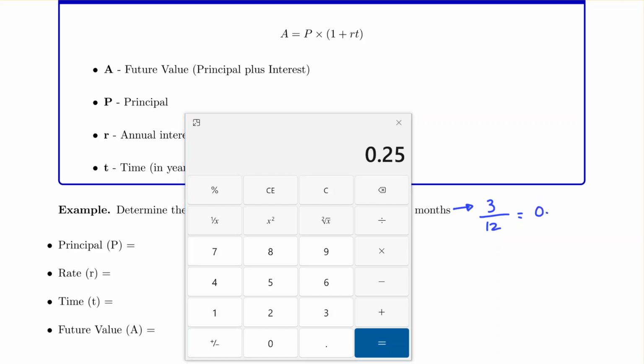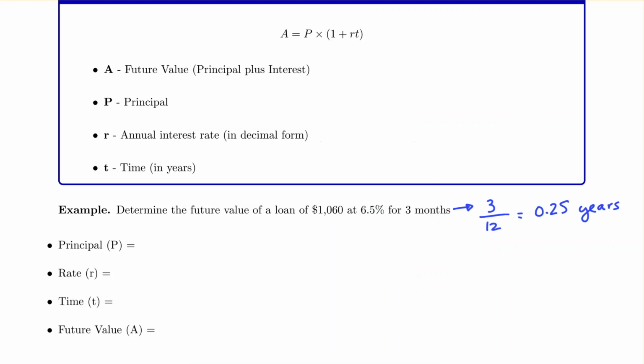So that's 0.25 years because we divide by how many months there are in a year. So the principal is 1,060. The rate 6.5. Move the decimal place over twice, 0.065, because it's a decimal. Time, we did have to change it to years, which is 0.25 years.